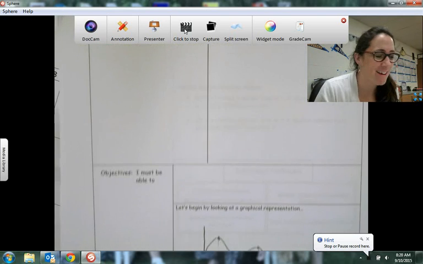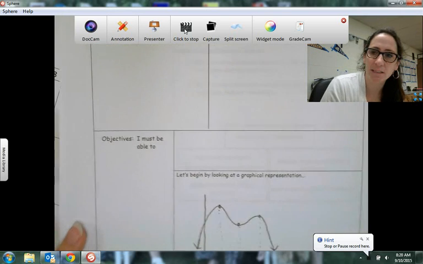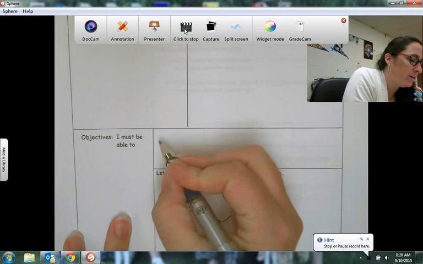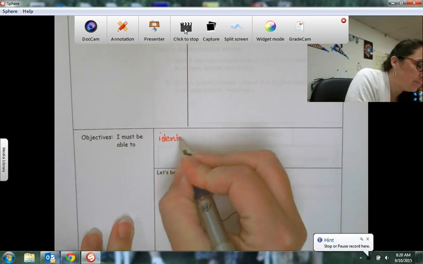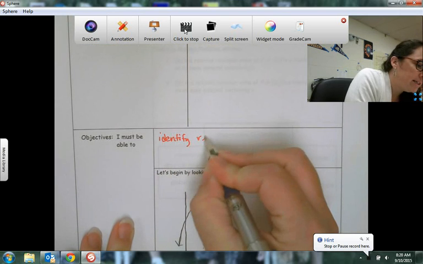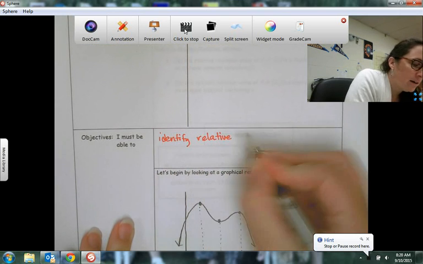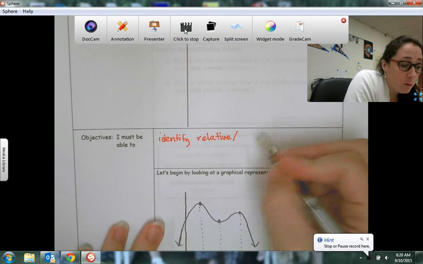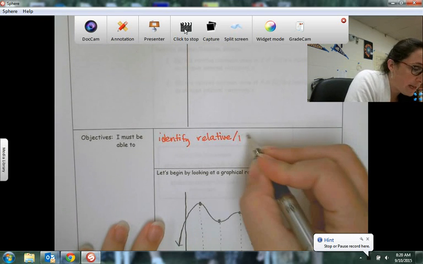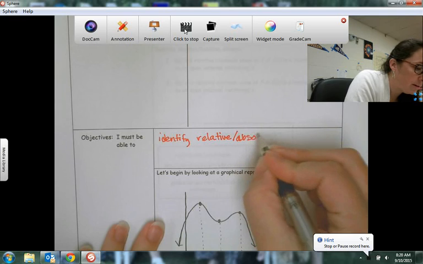Okay, so our objectives for 3.1 are we are going to identify relative or absolute extrema.